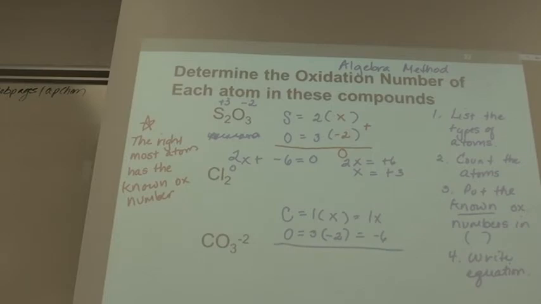What is the sum of the charges for this compound? -2. So when I add this up to make my equation, 1x plus -6 is equal to -2. X is equal to +4. This is -2. This is +4.